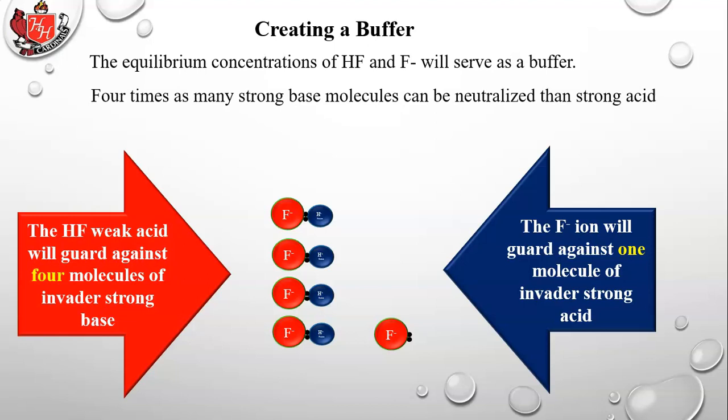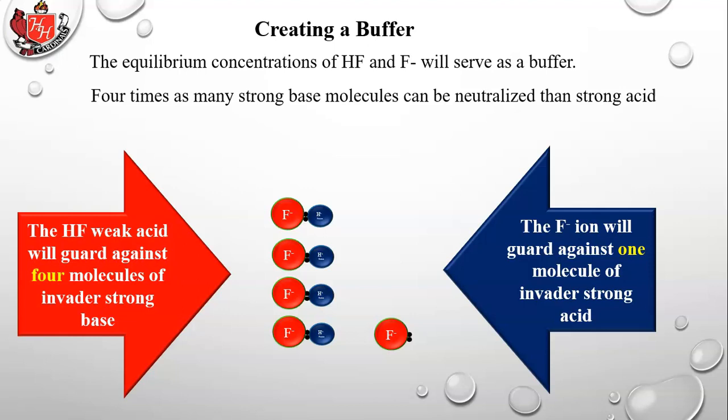So if you look down there, you have 4 hydrofluoric acid molecules. They're going to guard against bases. They're going to neutralize hydroxide ions. So the HF weak acid will guard against 4 molecules of invader strong base, say sodium hydroxide, for example.